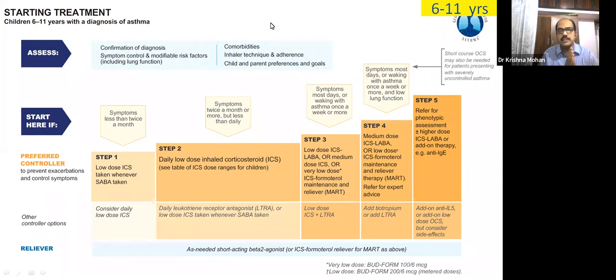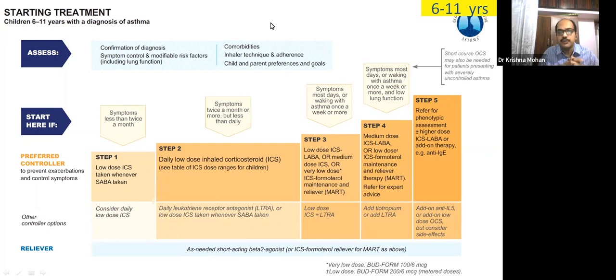Even at this stage, if the patient is not getting control, then it's time to work up the patient in detail. What you are supposed to do here is refer the patient for phenotypic assessment, which needs evaluation by a pulmonologist or an allergy specialist.